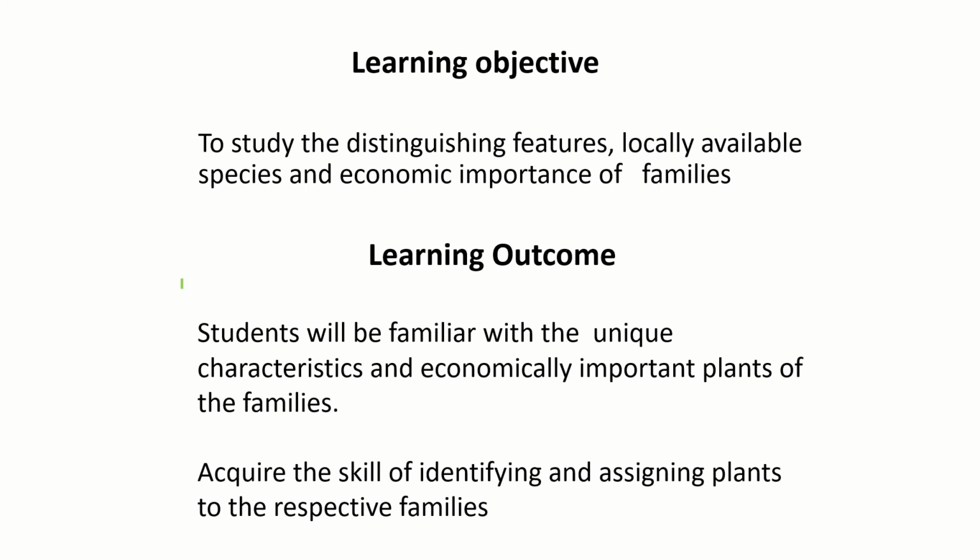The learning objective here will be to study the distinguishing features, locally available species, and economic importance of families of plants, and the learning outcome is expected to be that students will be familiar with the unique characteristics and economically important plants of the families, and most important is they will acquire the skill of identifying and assigning plants to the respective families.